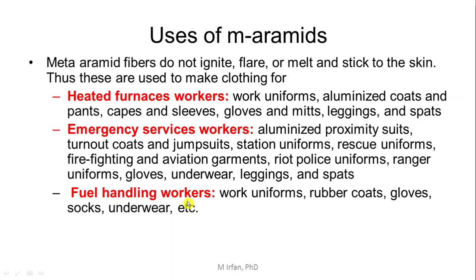Therefore, different types of products, for example, gloves, mitts, work uniforms, aluminized coats and pants, and other kinds of textiles are made from meta-aramid fibers for these workers.